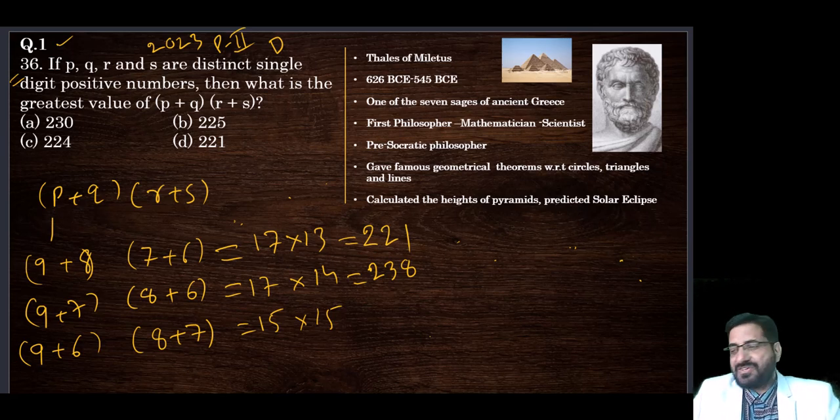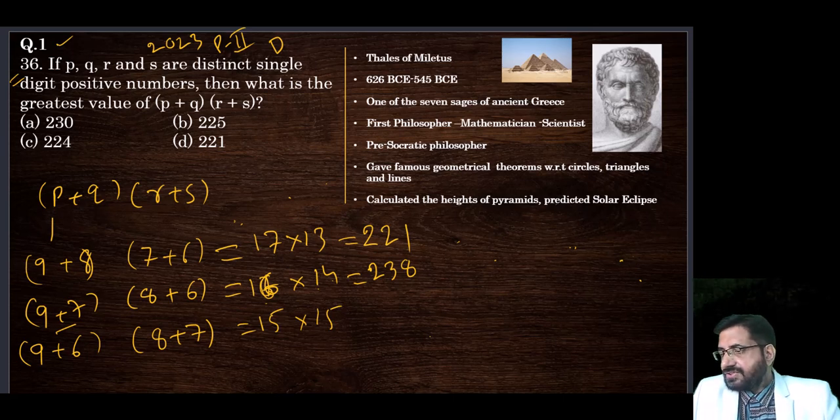No, here it is wrong. This is actually 16, because 9 plus 7 is 16. So 16 into 14 is how much? 16 into 10 is 160 plus 16 into 4 is 64. It will be 224.